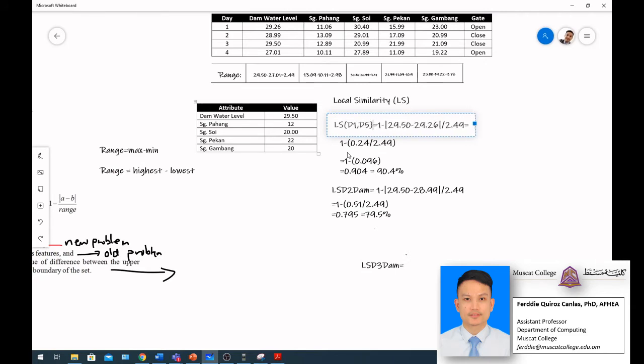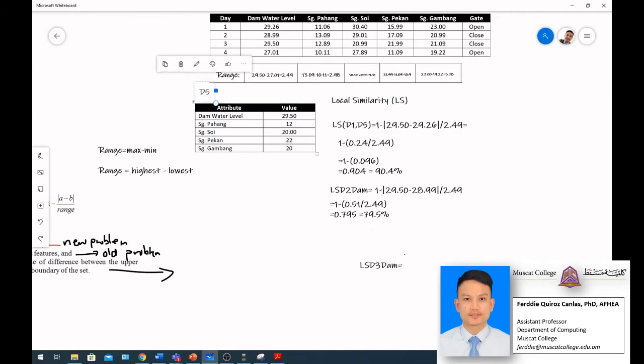You want to check the similarity of D5, day 5. So we're going to calculate the similarity of day 1 and day 5, which is 29.5. Not to confuse you, it should be D5, D1, to make it very short. So this is LS of D5 and D1, then D2. Just calculate it like this.